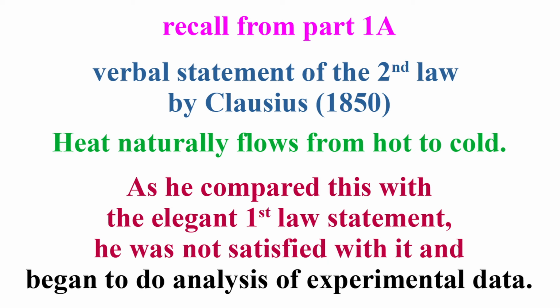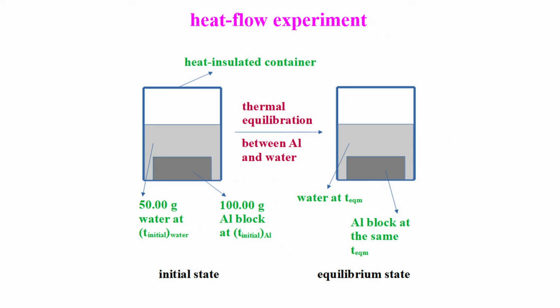He was not at all satisfied with this innocuous sounding statement as he compared it with the elegant first law statement, namely, energy of the universe is conserved. As a result, he started to perform a detailed analysis of the experimental data with a view to figuring out what might be hidden in the data.